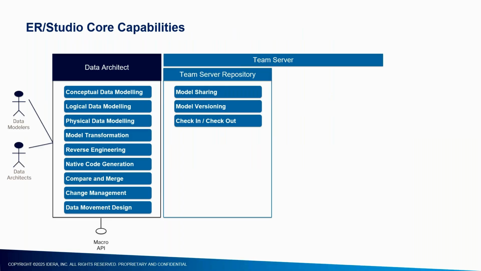We then have some back-end support services, but these are really important. They add a lot of capability and benefit to EOS Studio. The first part is the EOS Studio Team Server repository. This allows you to share the data models in a central area, and also provides things like version control.